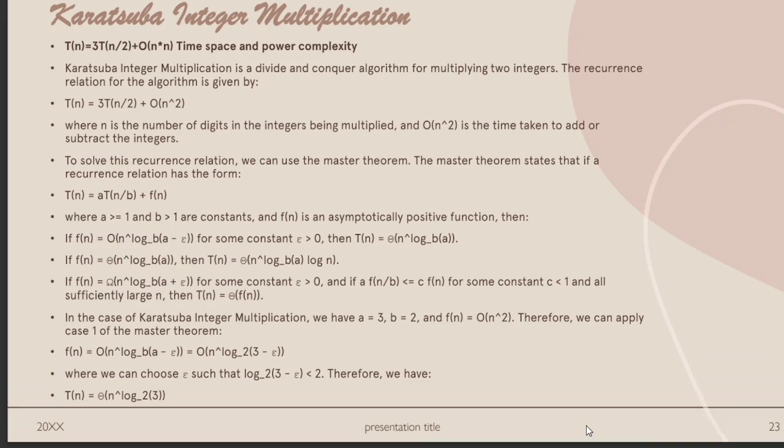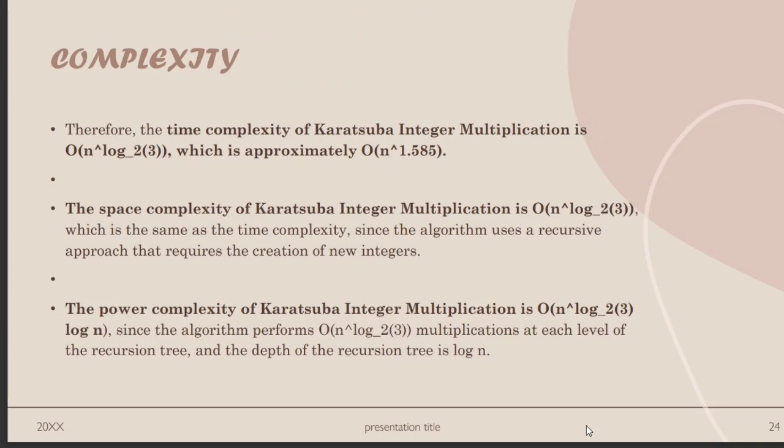Therefore, we have T of n equals big theta n to the power log 2 3. The time complexity of Karatsuba integer multiplication is order of n to the power 1.585. The space complexity of Karatsuba integer multiplication is order of n to the power log 2 3, which is the same as the time complexity, since the algorithm uses a recursive approach that requires the creation of new integers.